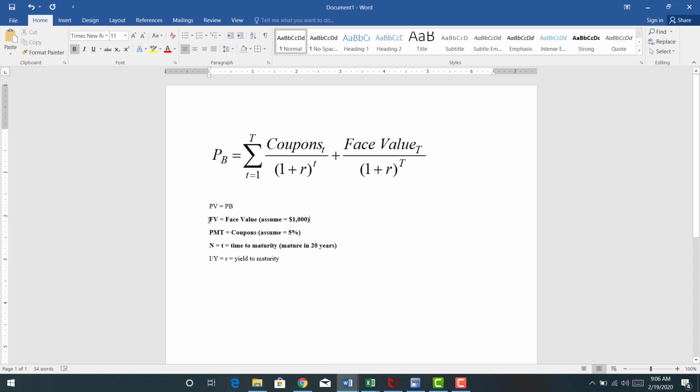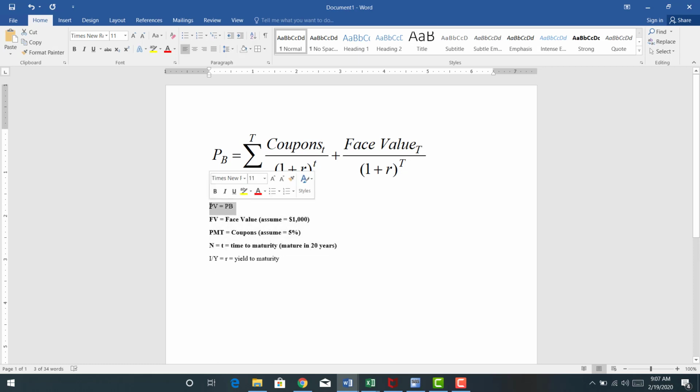The things that are bolded here are determined by the firm. The firm will say, we think we're 5% risky per year, so we'll pay an interest payment worth 5% of this $1,000, so that's a $50 coupon for every bond held by a bondholder. And we also specify that the length of the loan will be 20 years.